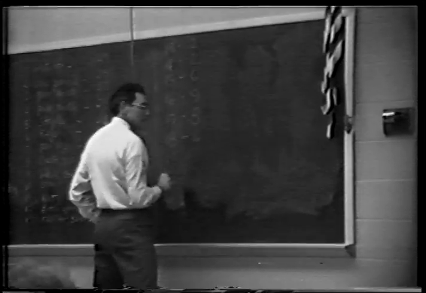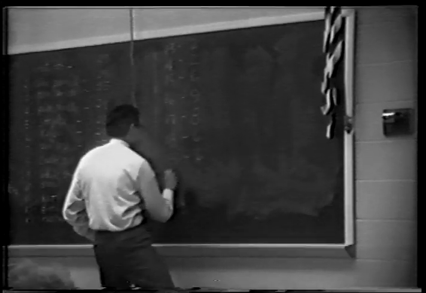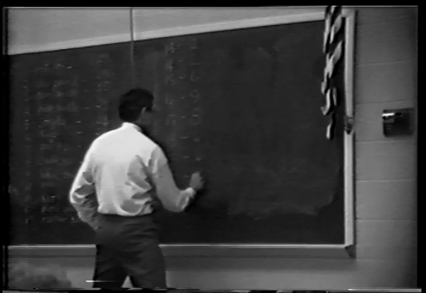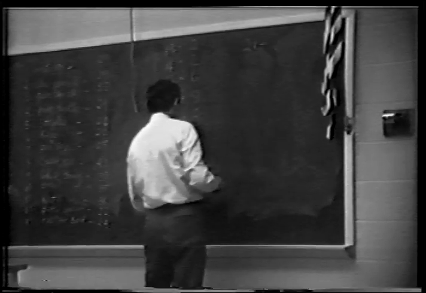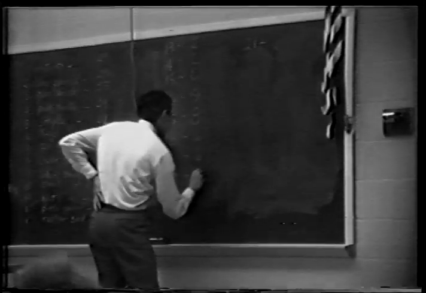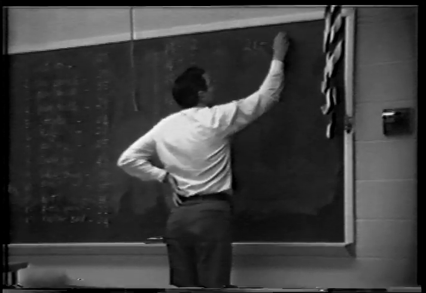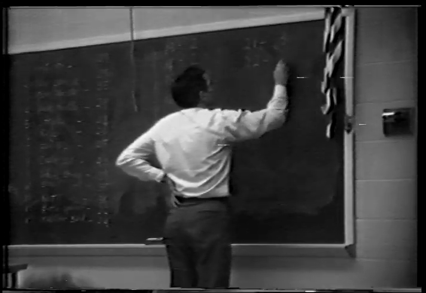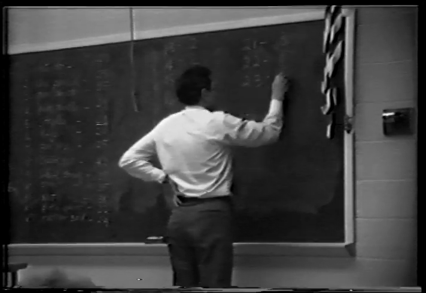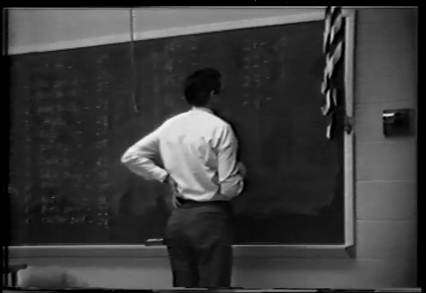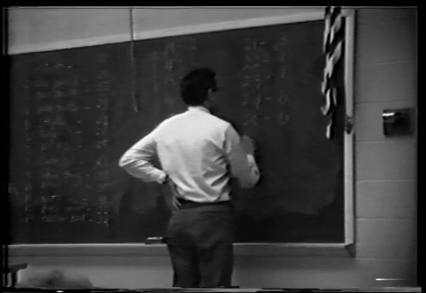Oh, okay. 19, 6. 20, 4. 21, wait a minute, I think that was 3. 20, we got 20. 21, 3. 22, 1. 23, 1. 24, none. 25, none. 26, none.